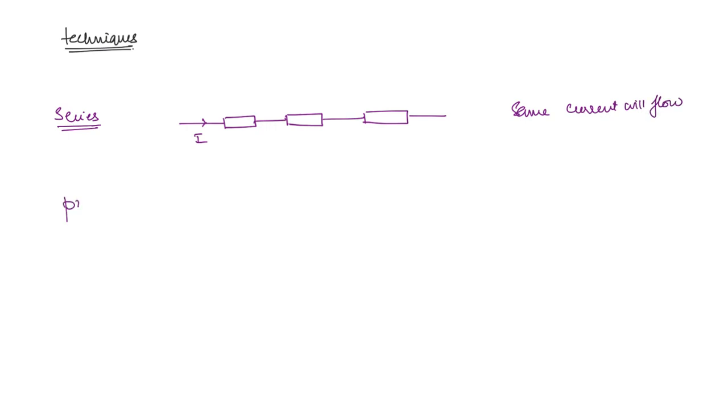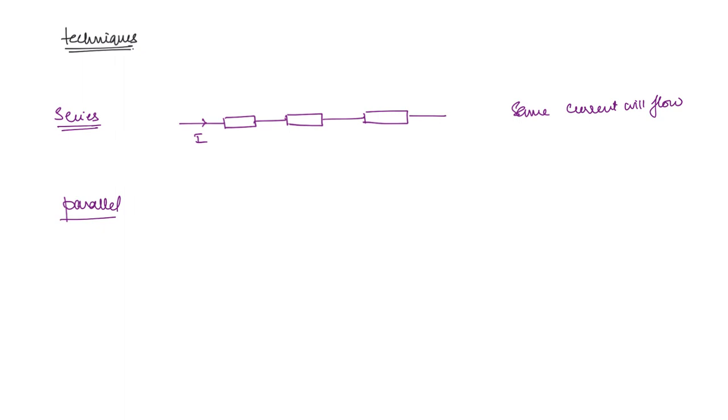Firstly, what is series and parallel? When you say that some circuit elements are in series, they are connected in such a way that the currents through them are equal. Whatever current is passing through this circuit element, the same current will pass through this, and the same current will pass through this. So this is the series connection. What about parallel?